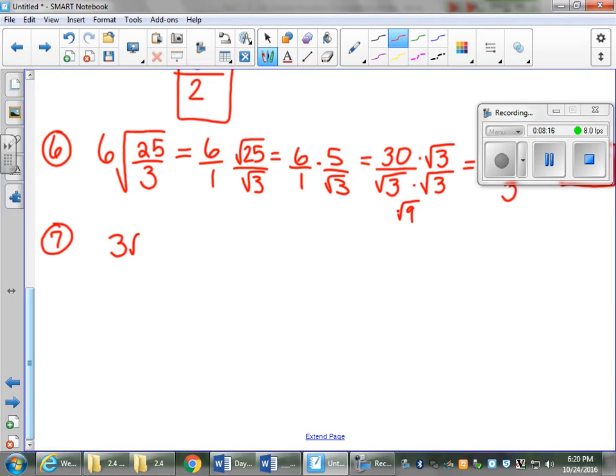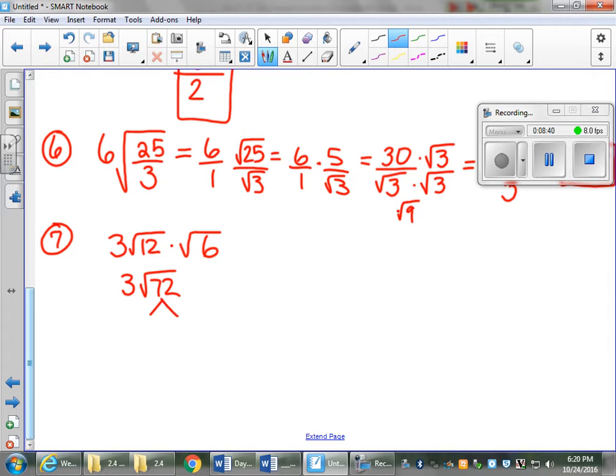So 3 radical 12 times radical 6. Right now 12 and 6, neither of those are perfect squares. So what you would do first in this example is bring them together under one radical by multiplication, and then try to break that one radical apart by finding a perfect square factor.